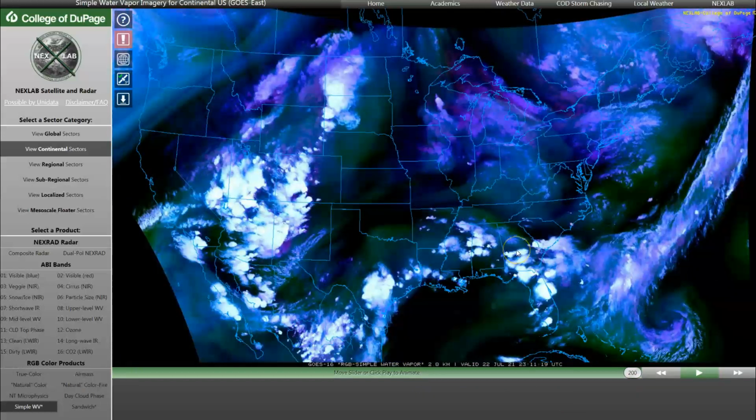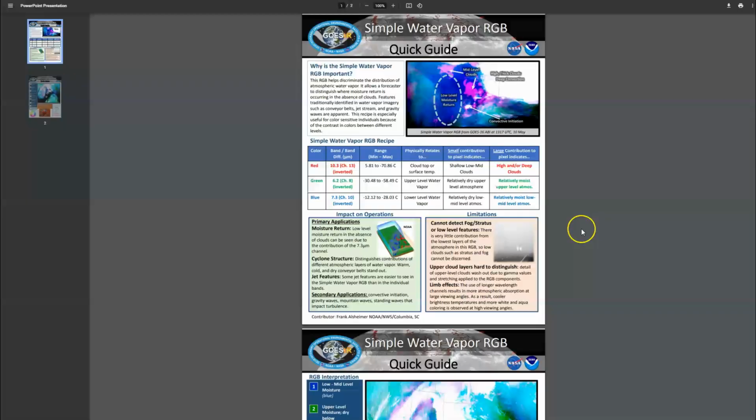What is happening and what is forecast to happen, then we look and implement the models. So once again, there are going to be limitations in this particular channel, low, mid, upper level, or simple water vapor RGB channels that meteorologists like myself and forecasters use to determine the impacts of operation.